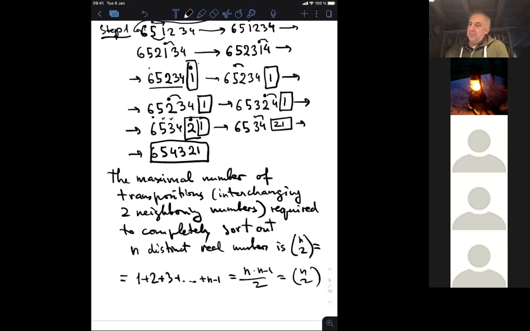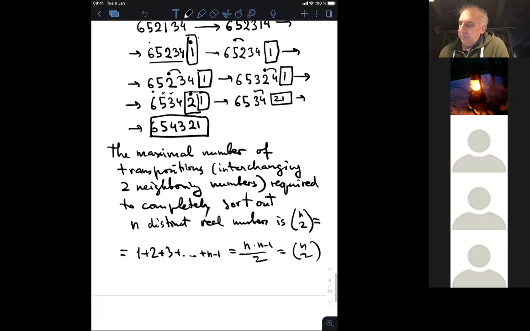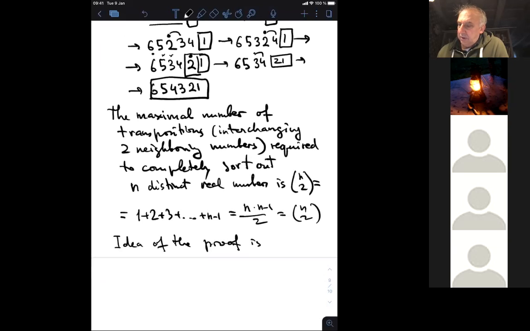Okay, so how can we prove that? Yeah, so the idea of the proof is that when sorting, A_n equals A_{n-1} plus n minus 1.